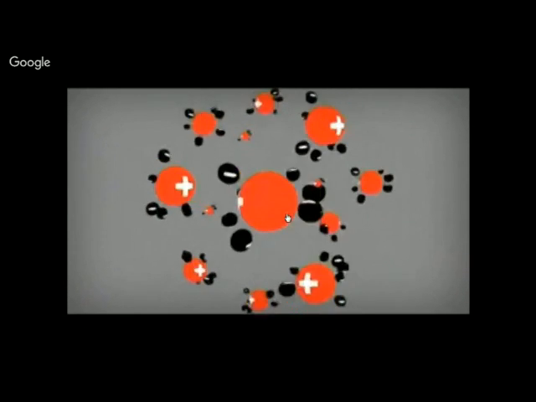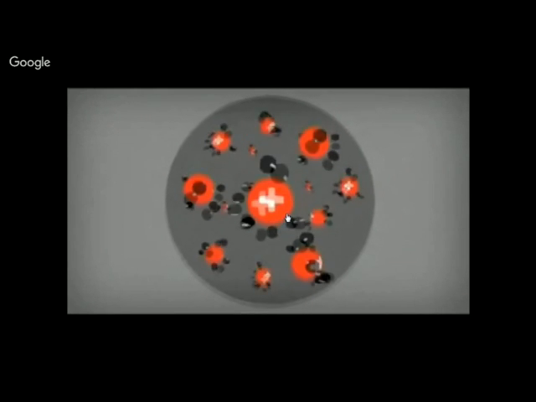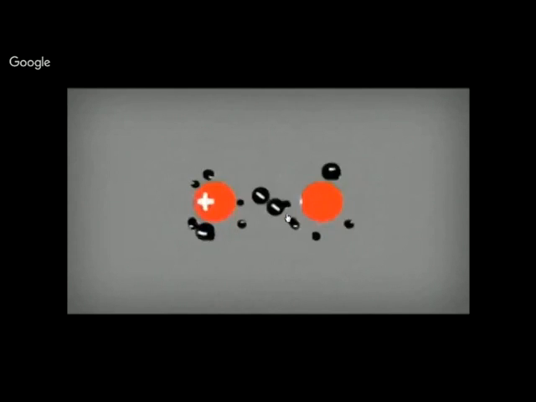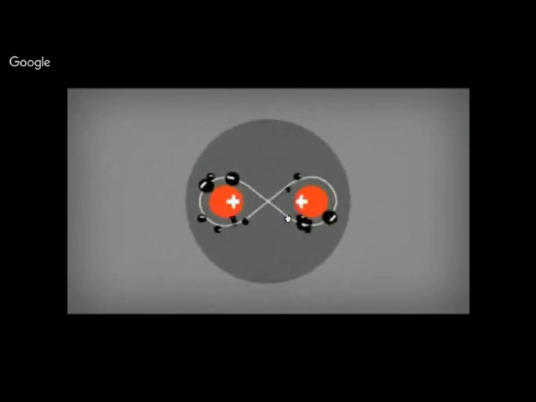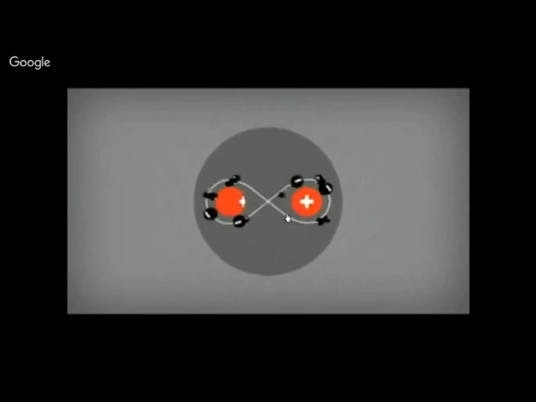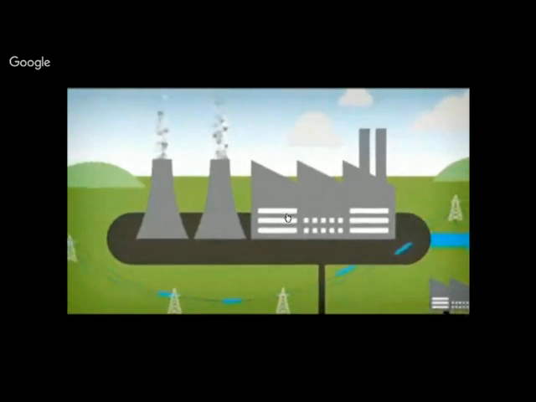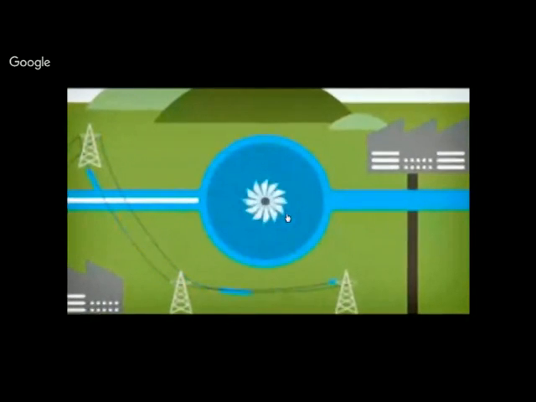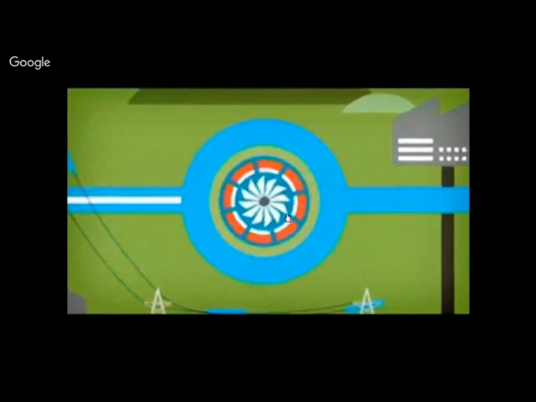When groups of atoms form materials, such as metals, electrons are free to move and flow, jumping between the atoms. These materials are known as conductors. This movement or flow of electrons is what we know as electricity. Power stations work by turning mechanical energy, movement, into electrical energy. A mechanical force turns a turbine, which rotates large magnets within coils of wire, and this induces electrical current, generating electricity.